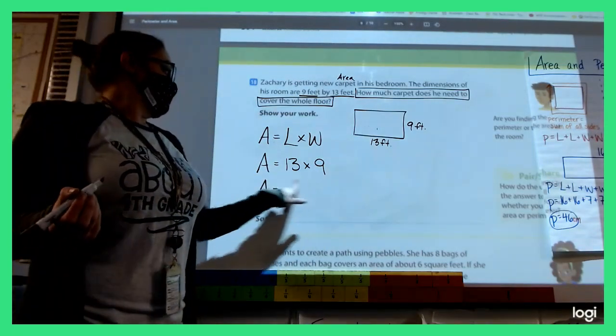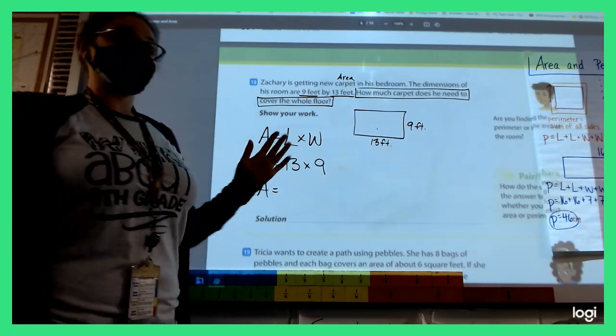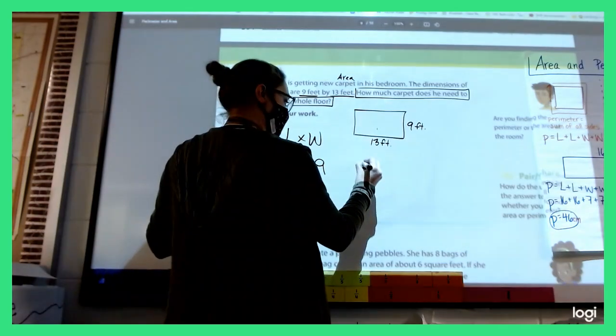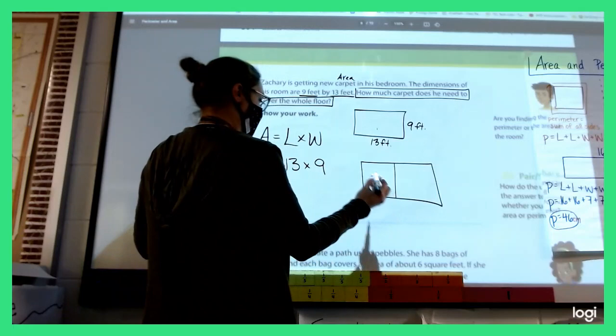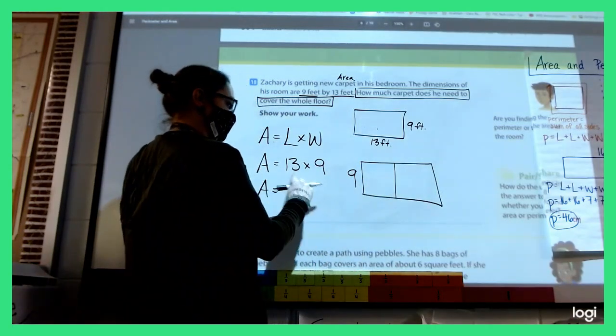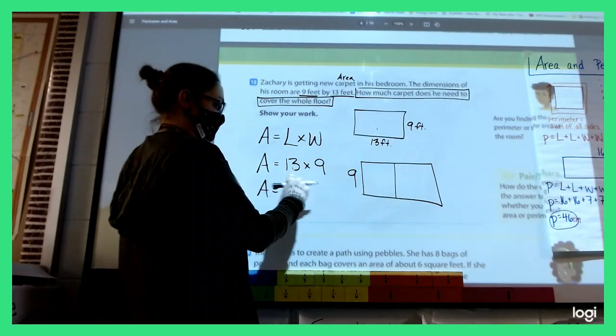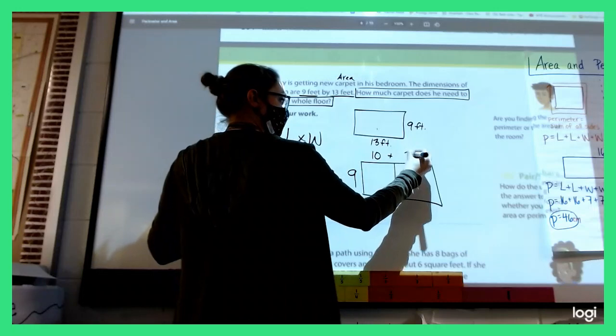Now you could do this in 2 ways. You could do turtle head, or you could do partial products, which we haven't done in a while. I'm going to model that for you. So go ahead and try it with me so we don't forget. When you do this, I just put my 9 on the side, and then I split my 13 into its place value spots. So this 1 is really a 10, and this 3 is really a 3.